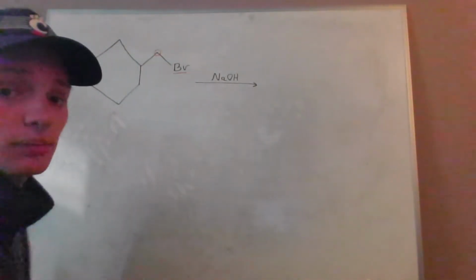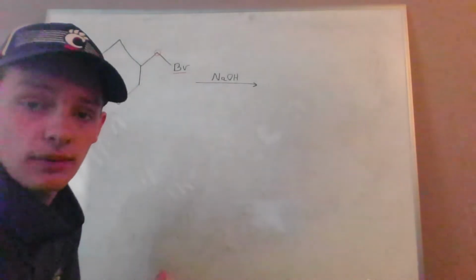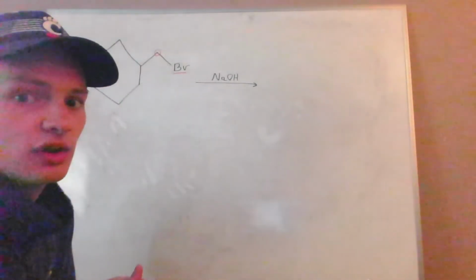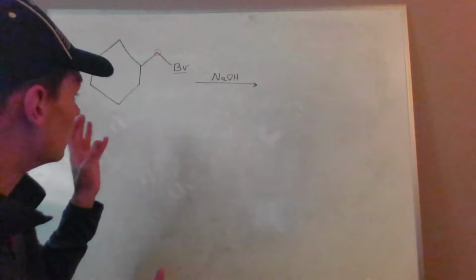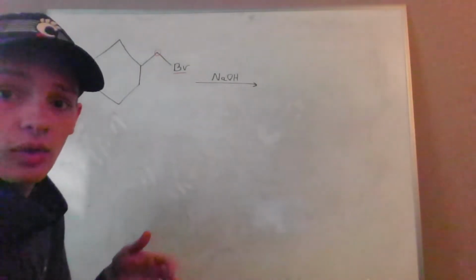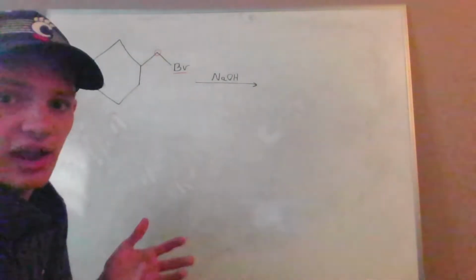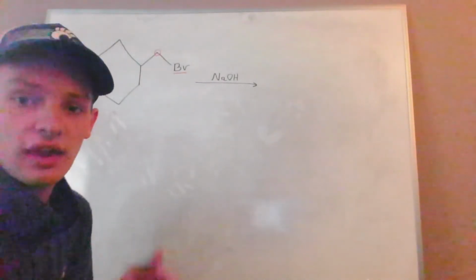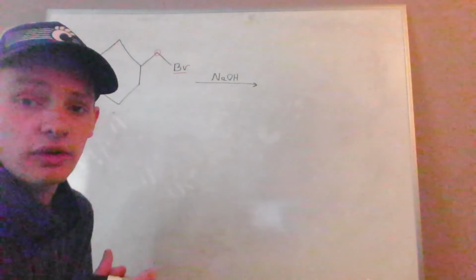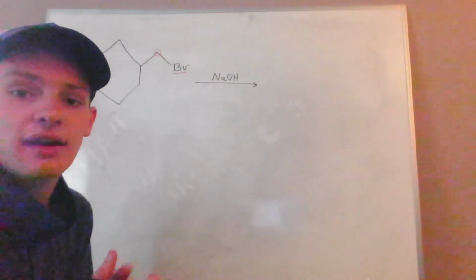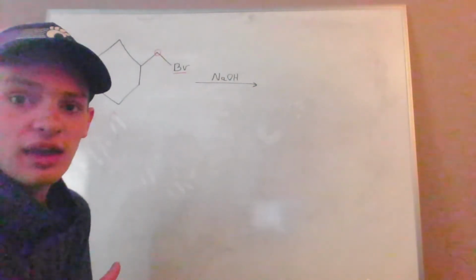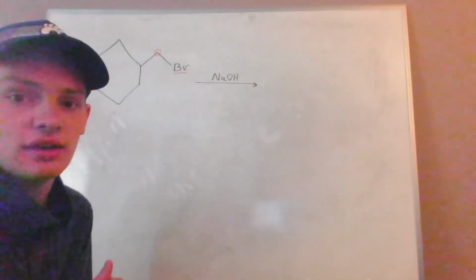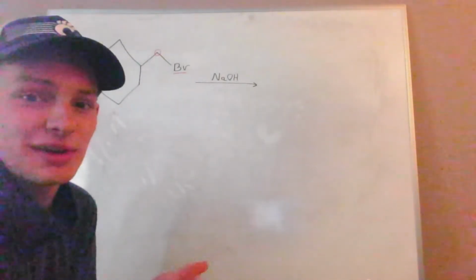But in this case, we do have a primary substrate or alpha carbon, and that's very important for us. So we know that an SN1 or an E1 reaction is not going to occur. And the reason that's not going to occur is because in an SN1 reaction or an E1 reaction, a carbocation intermediate is formed. And that carbocation intermediate needs to be stable enough to actually be formed.